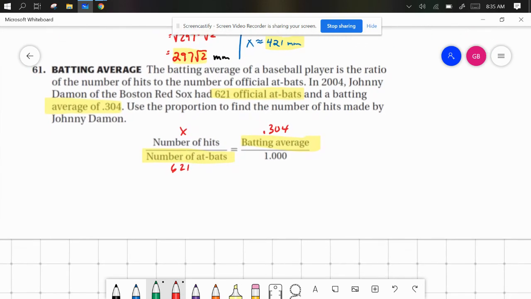So now we could cross multiply. x times 1.000 is equal to 621 times 0.304. So x is equal to 621 times 0.304, which gives us about 189.